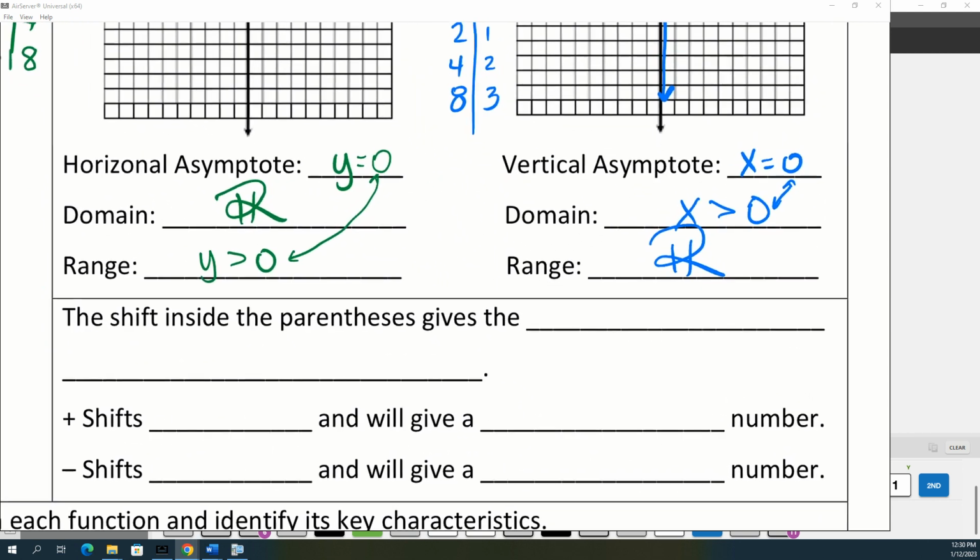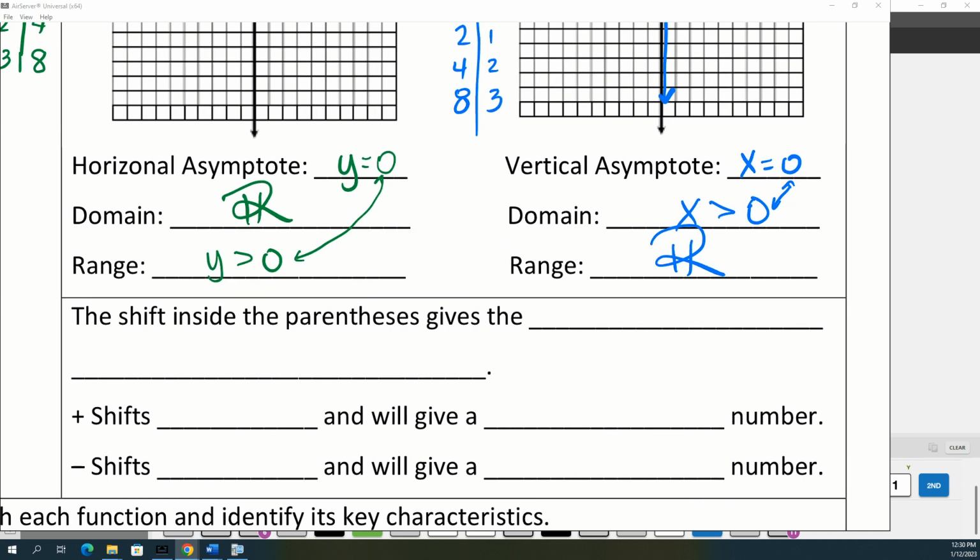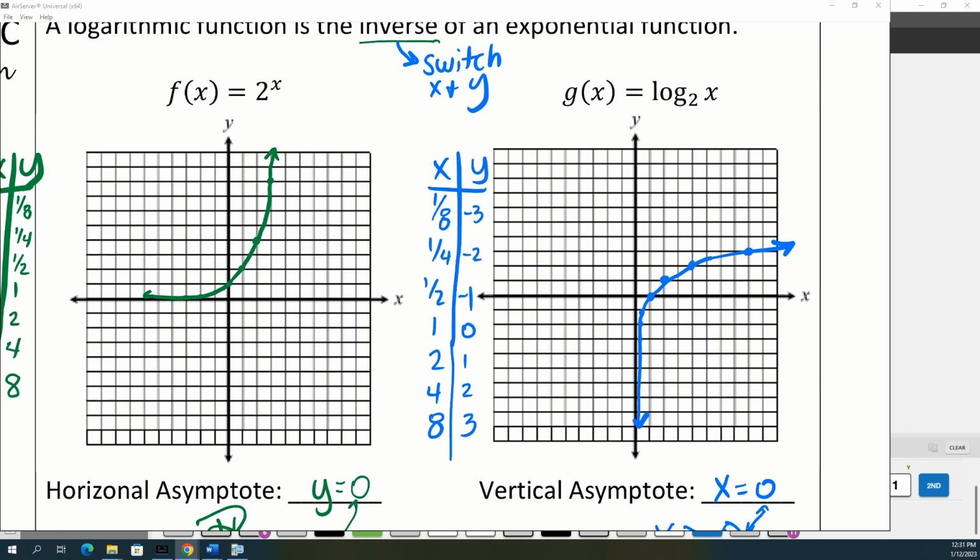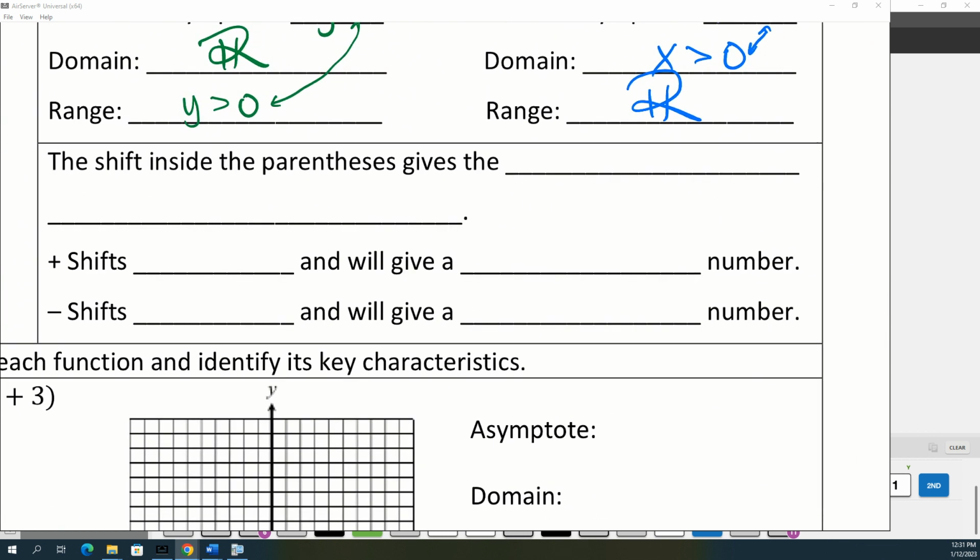So one thing I want you to be able to do pretty easily today is just look at the equation and tell the vertical asymptote. And so the shift in the parentheses is going to give you the vertical asymptote. So if you add on the inside, which direction is that going to shift, left or right?